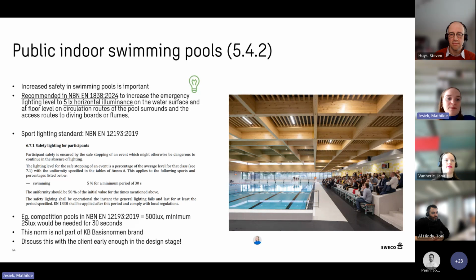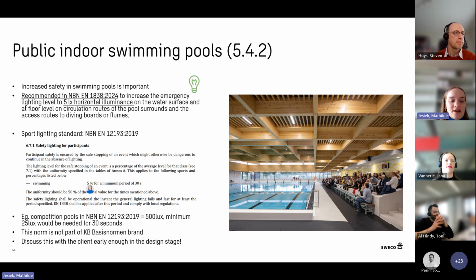Then for indoor swimming pools, there's also a new recommendation. This is not mandatory, but it's a recommendation that on the whole water surface and the circulation areas around the pool, you need to have 5 lux horizontal. In the sport norm for pools, they say something else.